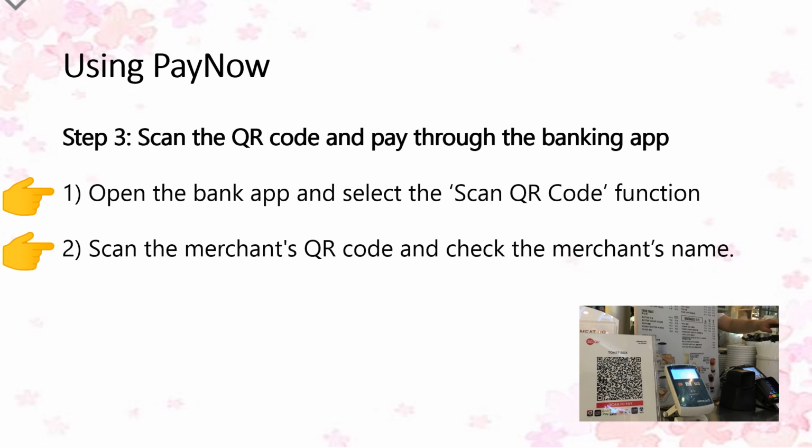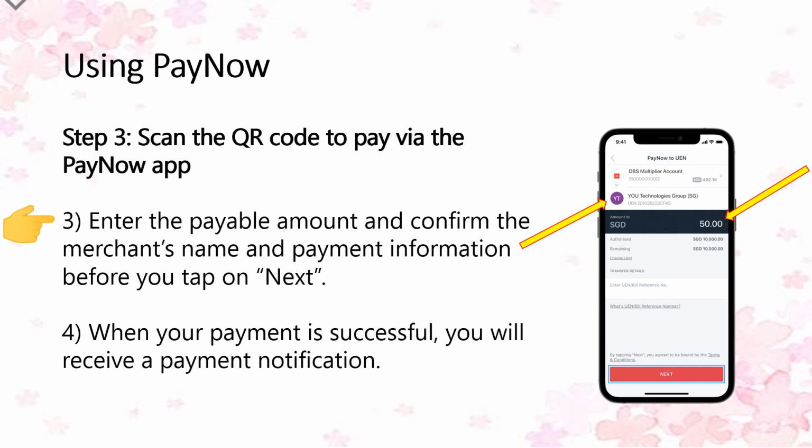Then check that the merchant's name that appears on the app is correct. If the merchant's name is correct, enter the payable amount and confirm the merchant's name again. If all the payment information is correct, tap on Next. Your payment will then be made. If it is successful, you will receive a payment notification on the screen of your handphone.